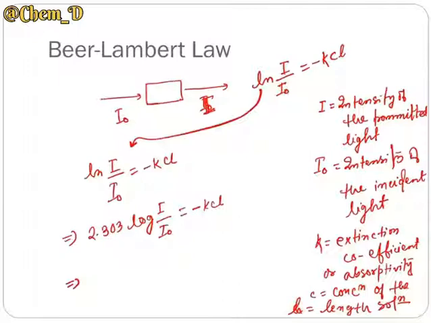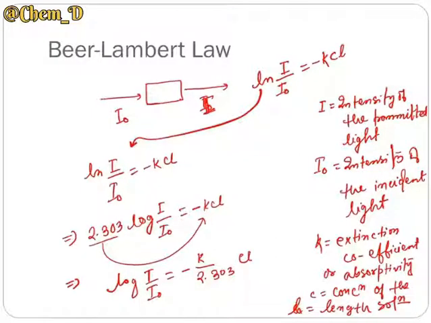If we transfer it from the left side to the right side, this becomes log I by I0 is equal to minus k by 2.303 into CL.